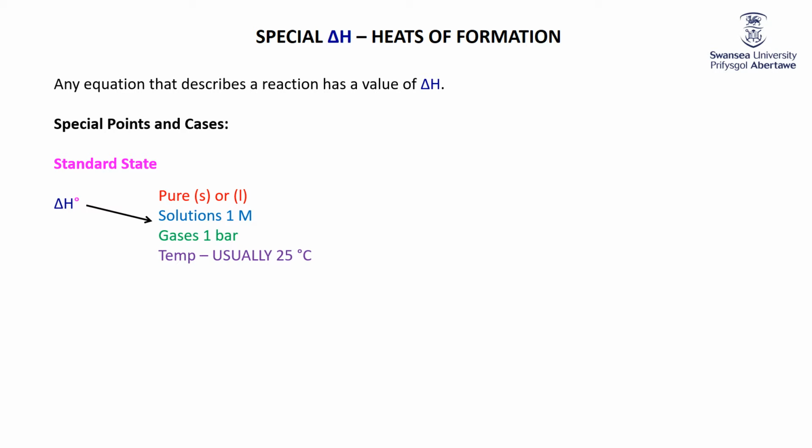For gases, most of the time the standard state is 1 bar. You will see in the States occasionally where they use 1 atmosphere, which is of course a teensy little bit bigger than a bar, but to be truly properly standard state, it is 1 bar pressure for a gas. Now, temperature is the one that's really sort of wishy-washy. You can have whatever temperature you want to use for a standard state as long as you specify it. However, if it's not given, assume that the temperature is 25 degrees Celsius, 298.15 Kelvin.